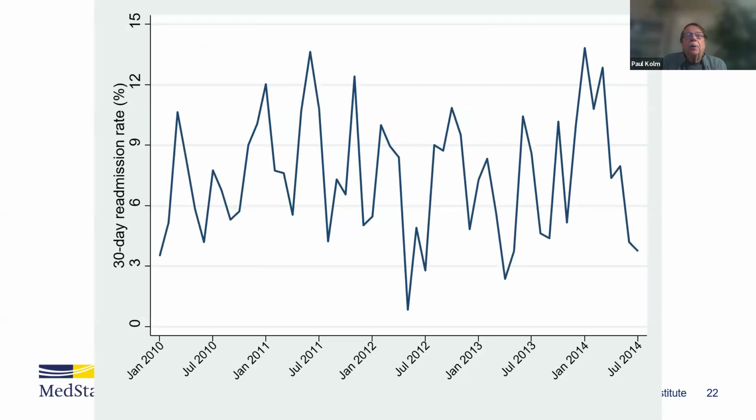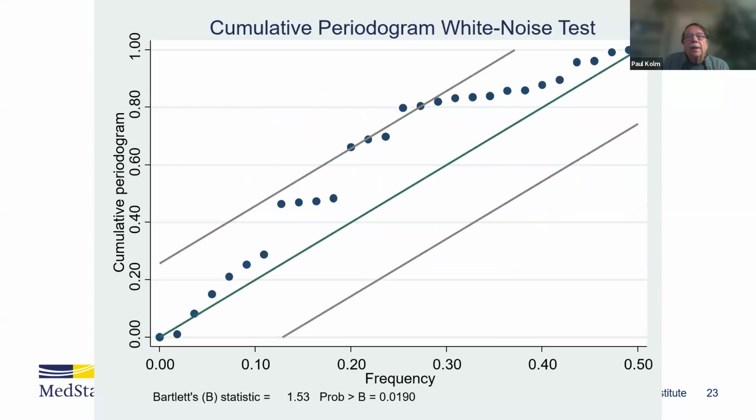And then also we're going to look at other time series like length of stay and comorbidity counts to see if those cause the readmission rates.